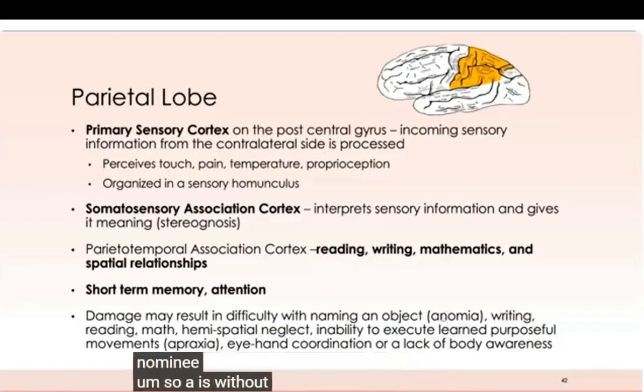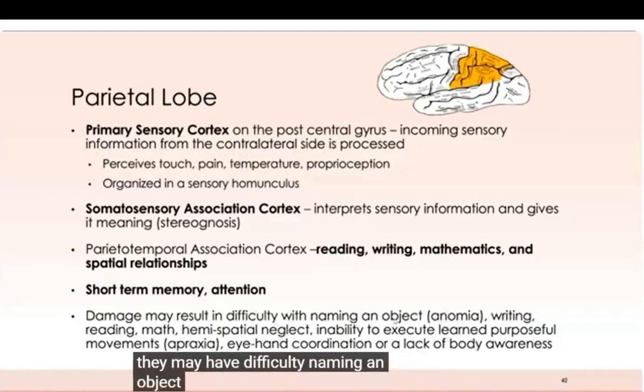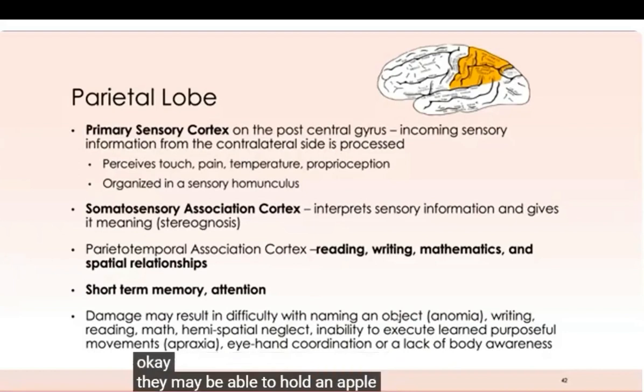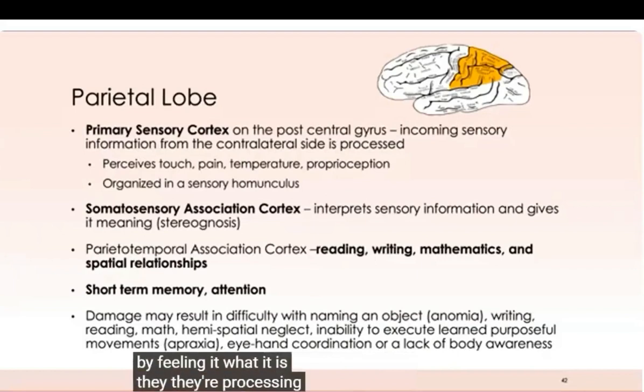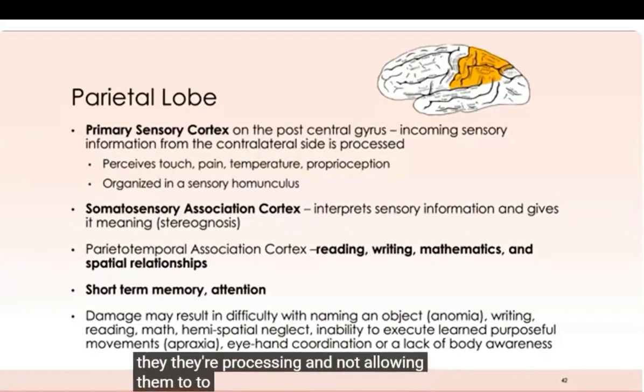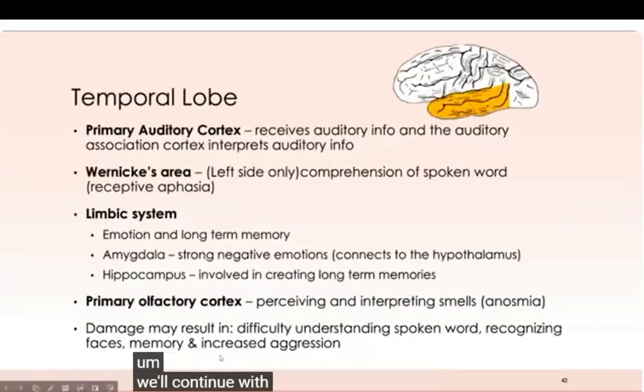A is without. They may have difficulty naming an object, okay? They may be able to hold an apple and they can't tell you by feeling it what it is. Their processing is not allowing them to tell you or understand what that object is. And we'll continue with that.